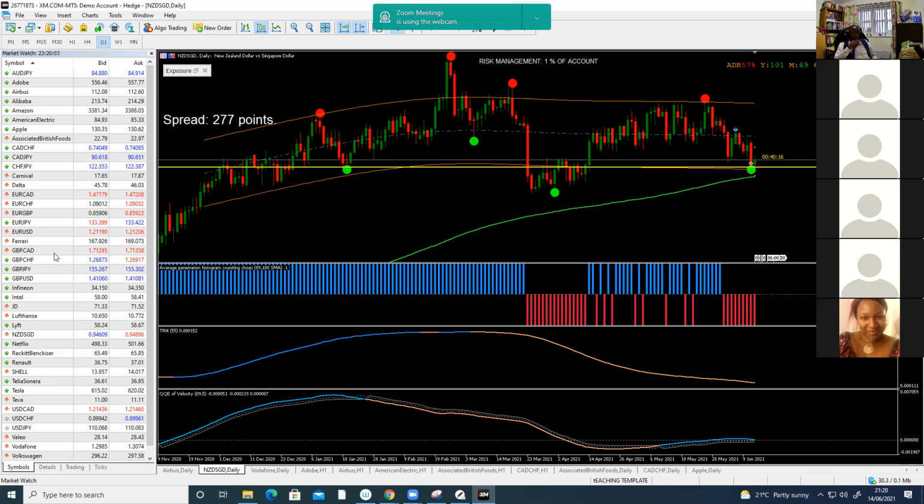But my demo account is not on my laptop. So I couldn't put it on the demo first, because if I'd put it on the demo first, I would have seen it charge me 137 and then I wouldn't have taken the trade, because I don't want 137 pounds to come out of my account to pay to get into the trade.